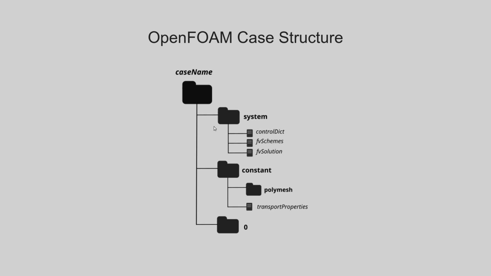First one here is system. The parameters of the numerical solution are stored in files in this directory. Things like controlDict, which controls the overall settings of the simulation, fvSchemes, where you set up the numerical schemes for individual quantities, and fvSolution, where you set the parameters of the solution of the system of linear equations for each quantity.